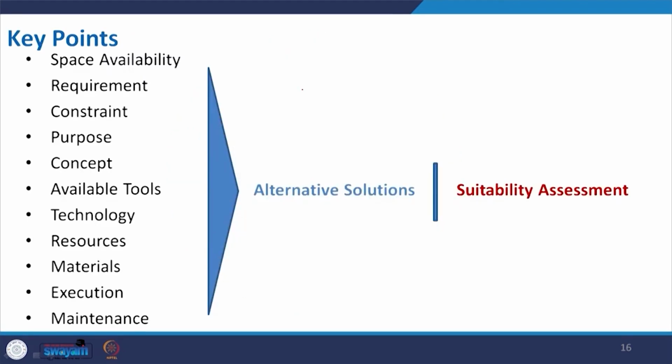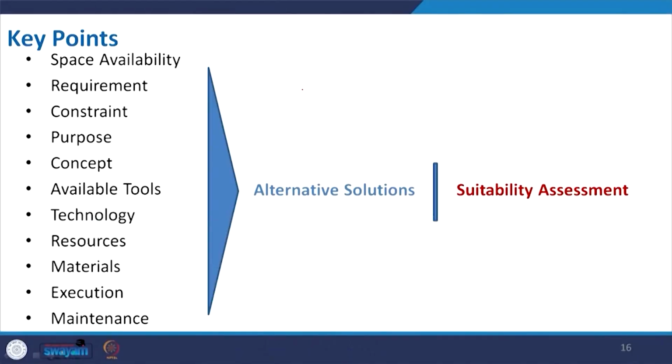Some key points that I want to highlight in this lecture, and we will go into detail in our coming lectures. These are the key points we have to decide upon for the structural form: the space that is available, and the requirements given by the client. Different constraints may arise, for example whether your structure is to be built in an earthquake-prone area or in a flat lowland area.